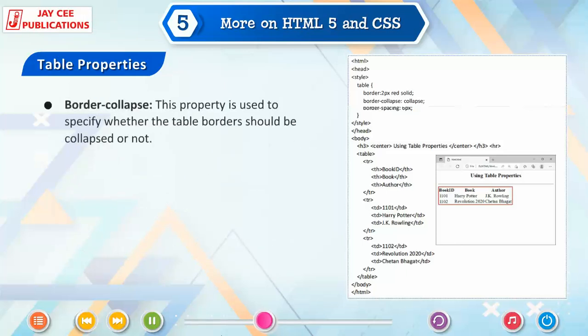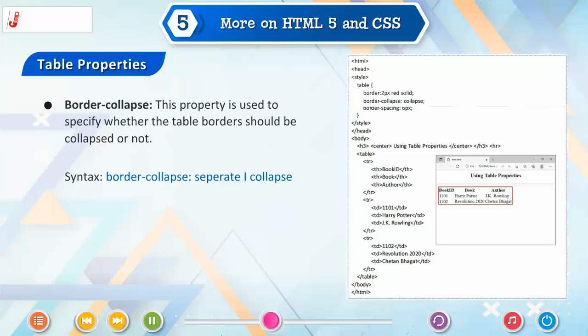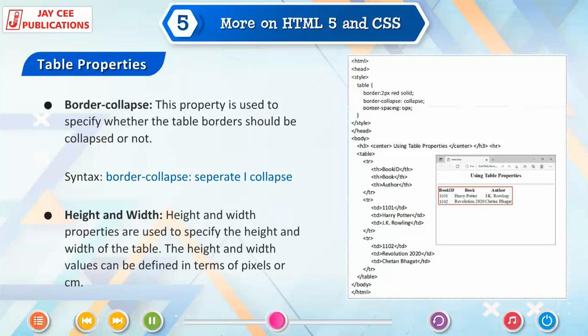Border collapse. This property is used to specify whether the table borders should be collapsed or not. Syntax: border-collapse: separate/collapse. Height and width. Height and width properties are used to specify the height and width of the table. The height and width values can be defined in terms of pixels or centimeter.